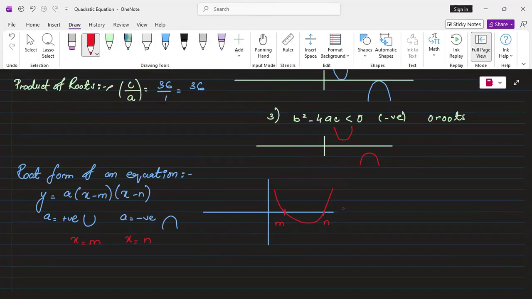Now these are my two roots. But knowing the fact that a curve is a symmetrical figure, if I just simply draw the line from the center exactly, bisecting the curve into half, your turning point would be exactly lying between m and n, right?